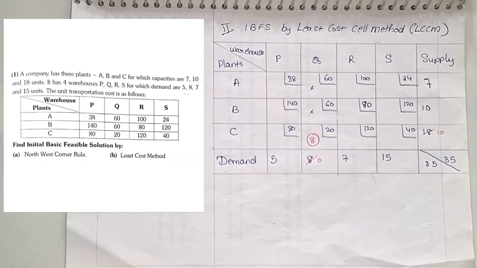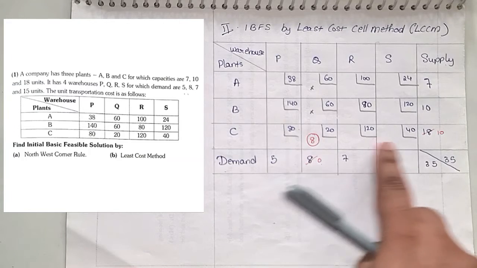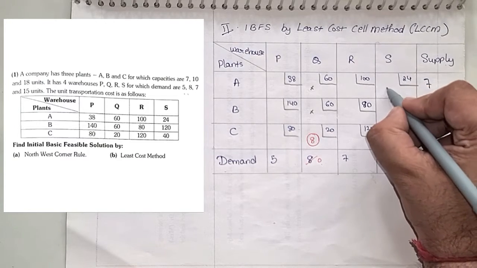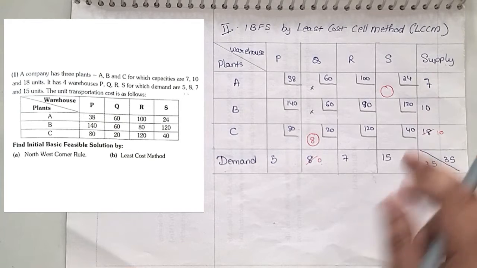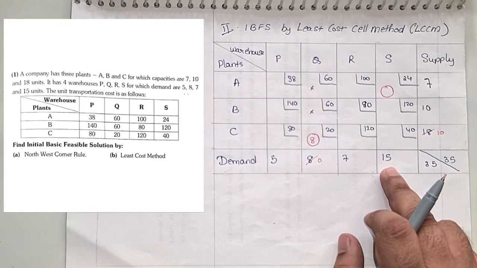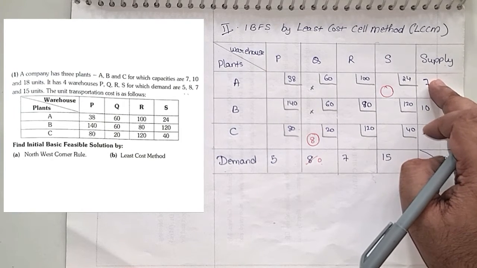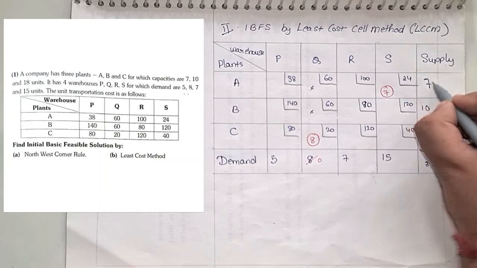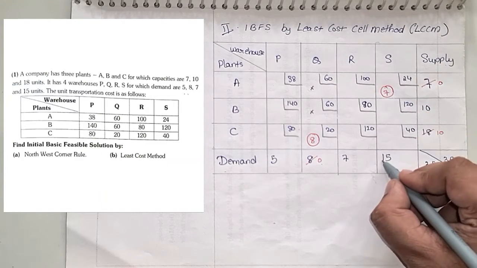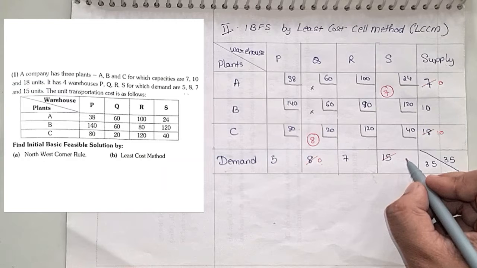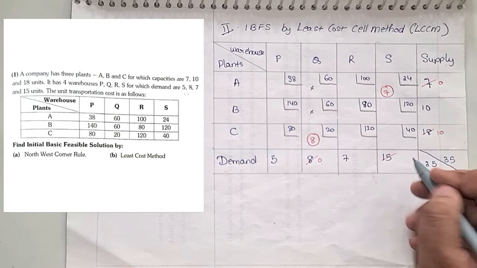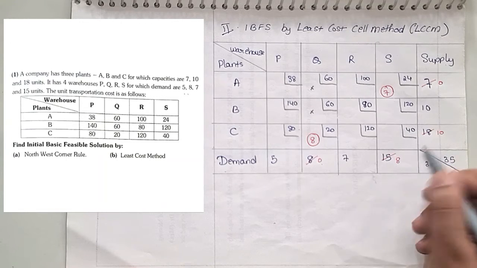So the next lowest which I can see is 24. So this will be my next allocated cell. Demand is 15, but supply is only 7, so I can only fulfill 7 units. Supply became 0 and your demand will now become 8, which is still pending.